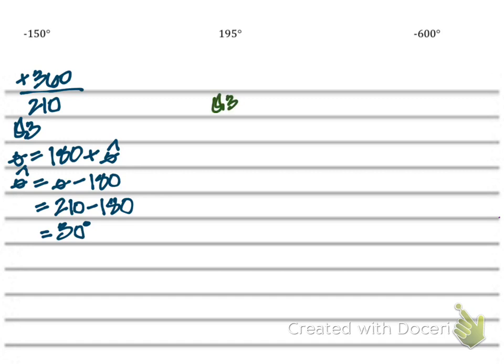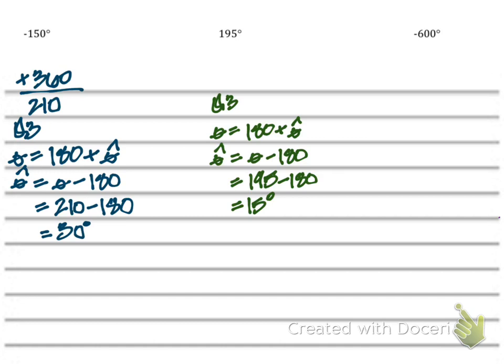For 195, we know 195 is in quadrant 3. So that's 180 plus theta hat, rearranging, subtracting. If you can do it without doing all that, that's great. Let's just think about it. 195 is 15 degrees away from 180.